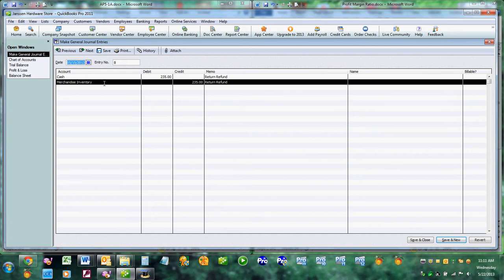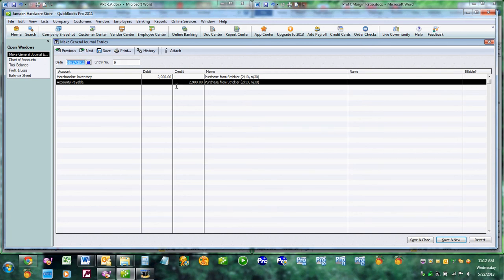That would be a debit of $235 to cash, received in cash, and a credit to merchandise inventory for $235. Next entry was May 17th. Purchased merchandise from Strickler Distributors, $2,900, terms 2/10, net 30. Merchandise inventory gets debited $2,900. Accounts payable credited $2,900.